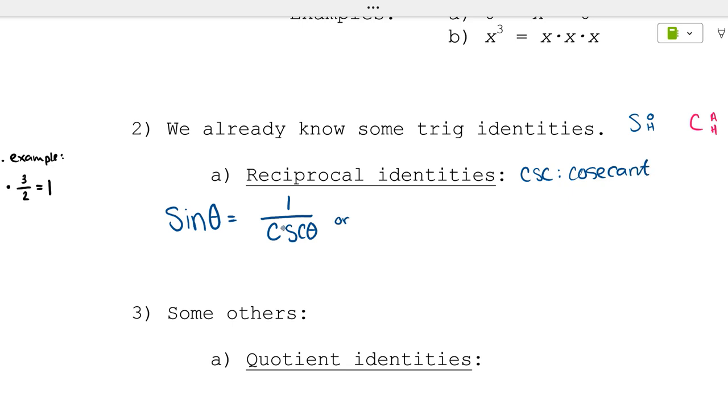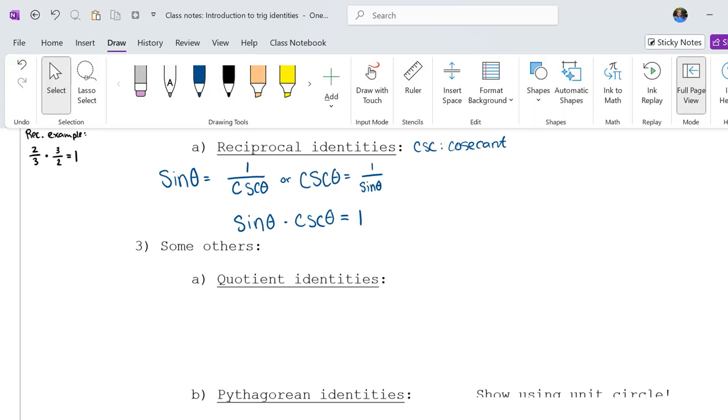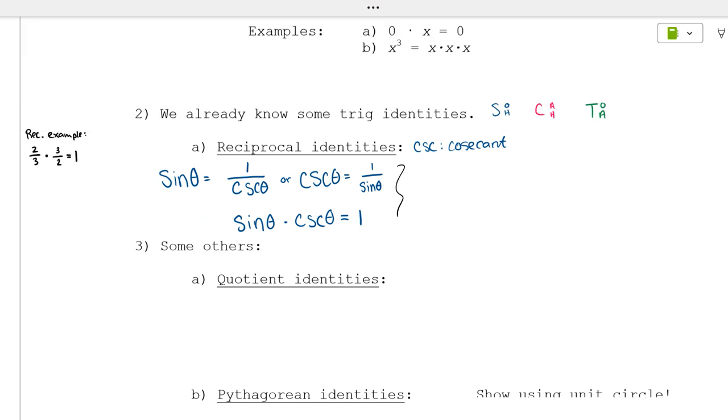Another way to write this would be if we wanted the cosecant to be our numerator, then we could say that's equivalent to 1 over sine. And a third way to represent them is if we multiply the two, just like our example 2/3 times 3/2, well, two reciprocals being multiplied equal 1. So that's the sine example.